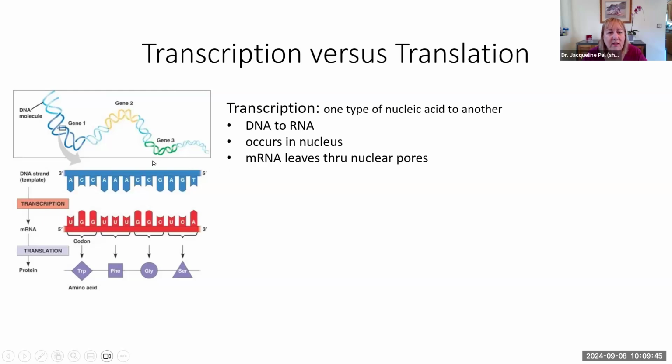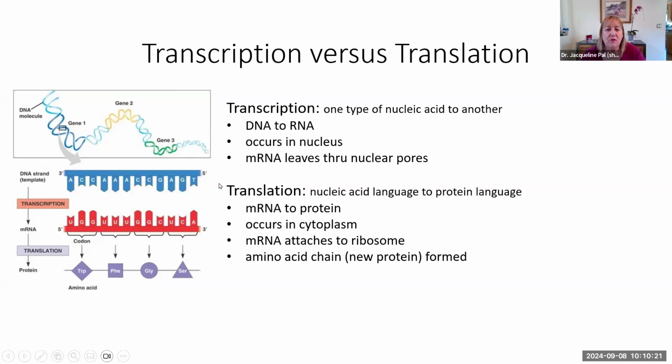So we're going to take one strand of DNA, because remember, it's two strands. And we're going to take one strand and we're going to use it as what we call a template. We're going to take its nucleotides and we're going to make a complementary strand of RNA. So where there would be a cytosine in the DNA, we're going to have a guanine in the RNA, etc. And then that messenger RNA is going to leave through the nuclear pore so it can go in the cytoplasm.